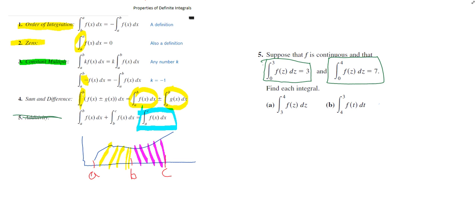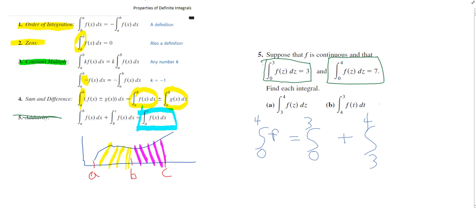So if we're going from 0 to 4, the integral from 0 to 4 of the function is equal to the summation, or the adding, from 0 to 3, plus going from where? From 3 to 4, right?